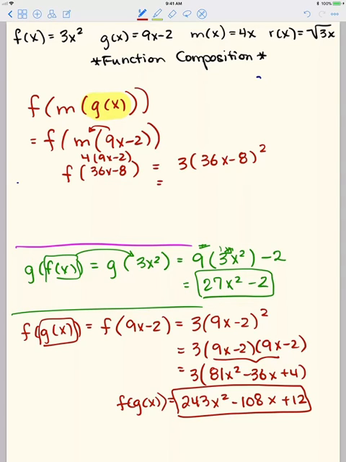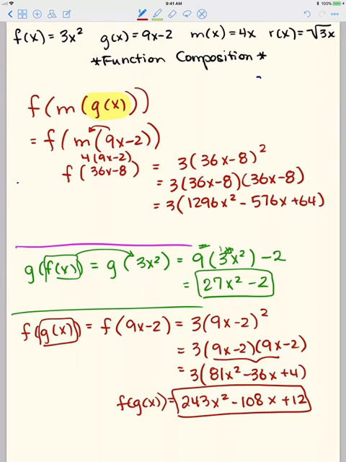And now we have another quantity that is squared, so we'll have to write that out twice. 36x minus 8 times 36x minus 8. This is if you're expanding it. And when you multiply that out, you get 1,296x squared, and then minus 576x plus 64.